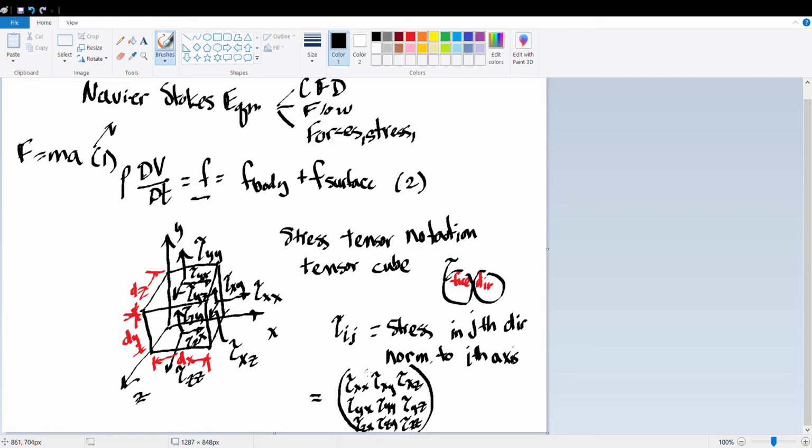That's everything that we drew up here. This first row is our x direction vector, everything that's happening on the x face. The second row is our y face, and the third row is our z face.